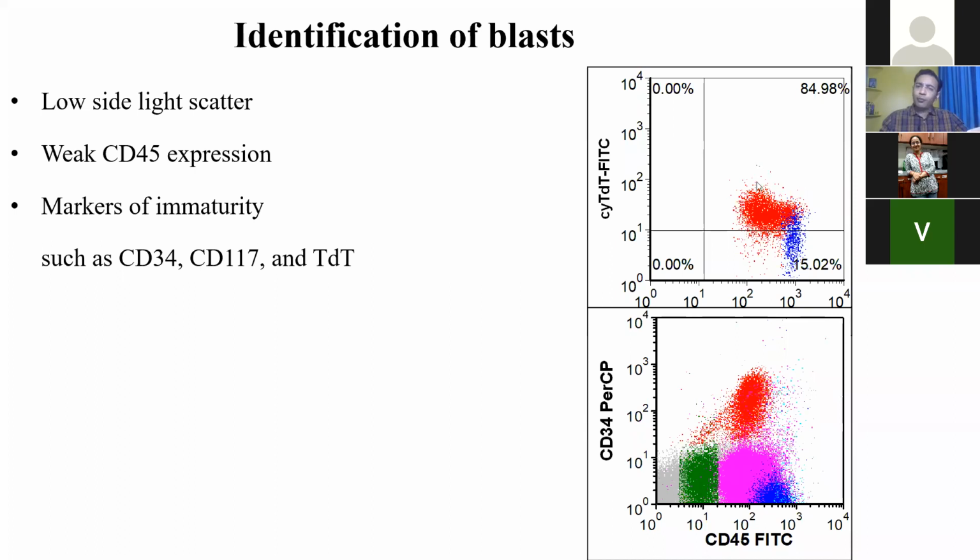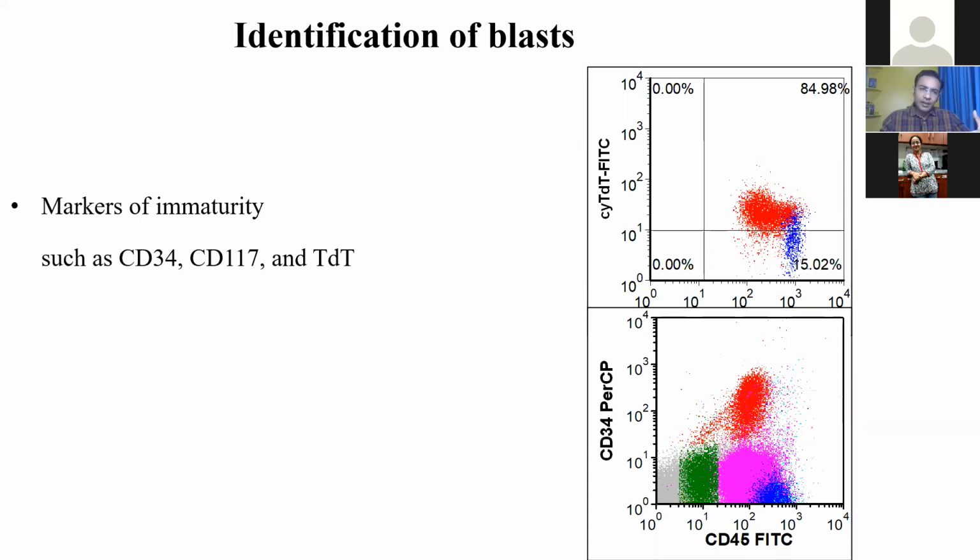The red population which are TdT positive, these are the blast population, or the other plot which is down, which are CD45 weak and CD34 positive. I'm going to come to how we interpret positive, weak, strong, because I'm using these terms many times. So in a couple of slides, I'm going to show how we interpret the intensity of these. Okay. So these are the markers which we use to identify blasts or immature cells.